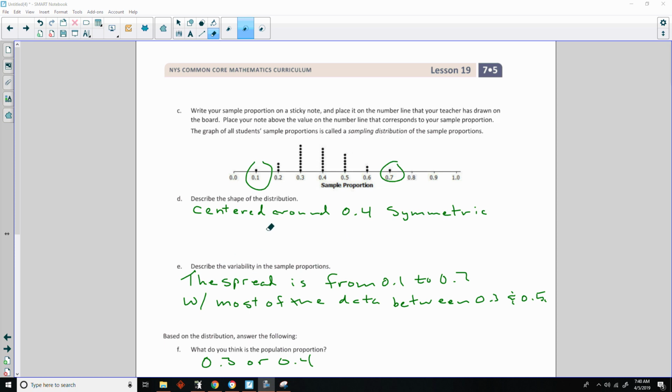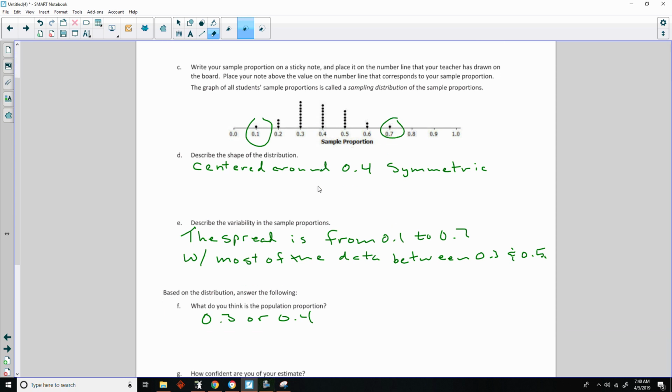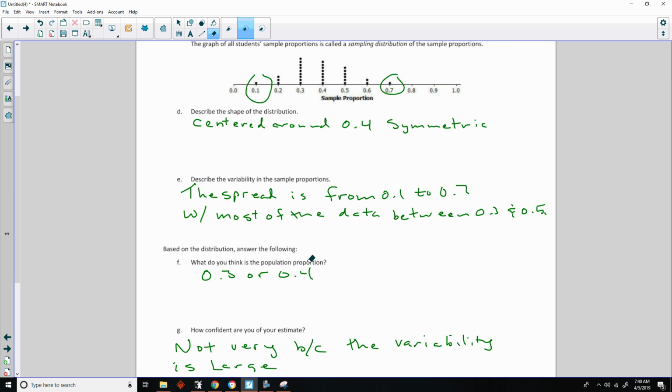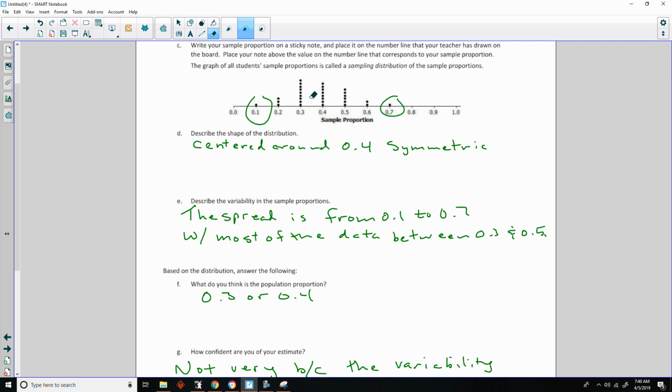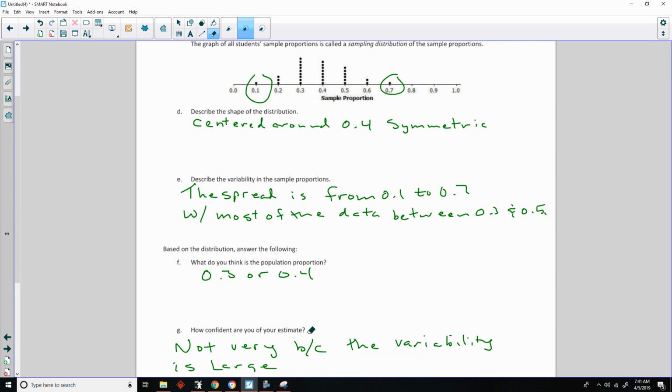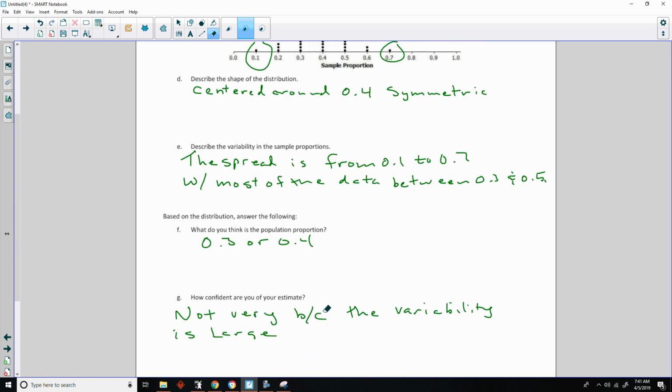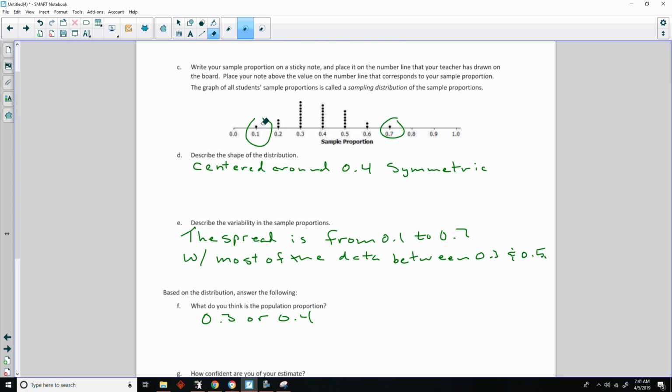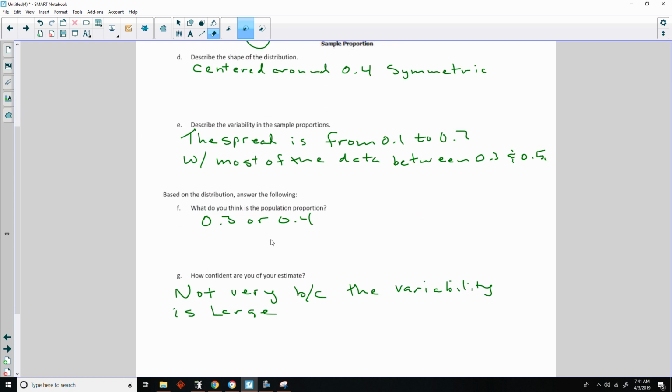The spread went from 0.1 to 0.7, with most of the data between 0.3 and 0.4. What do you think the population proportion is? Well, that's where most of the data is centered, so it would be, again, 0.3 or 0.4. How confident are you in your estimate? I would say not very confident because the variability is large, going from 0.1 to 0.7.